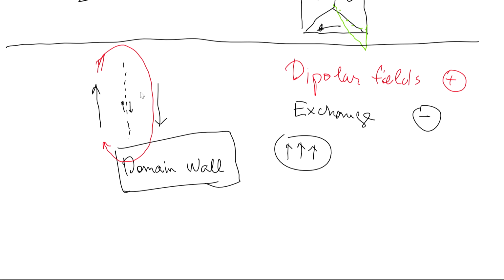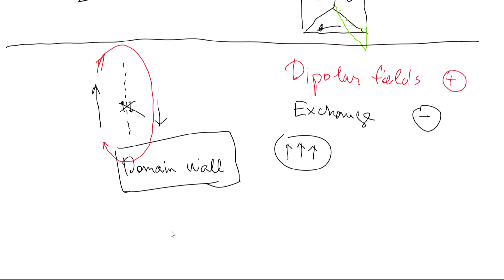So there are different types of domain walls, and we will talk about those in detail now. First of all, it is energetically unfavorable to form a domain wall abruptly, so one up, one down is unfavorable.